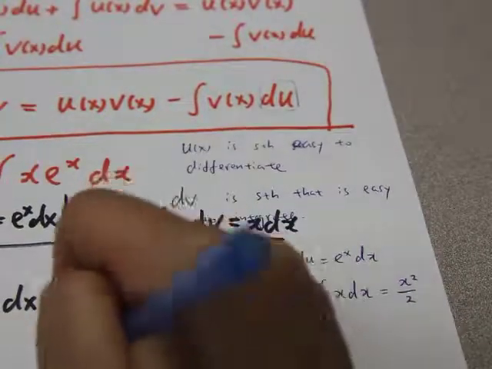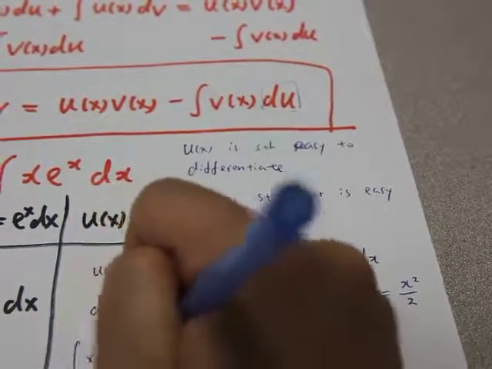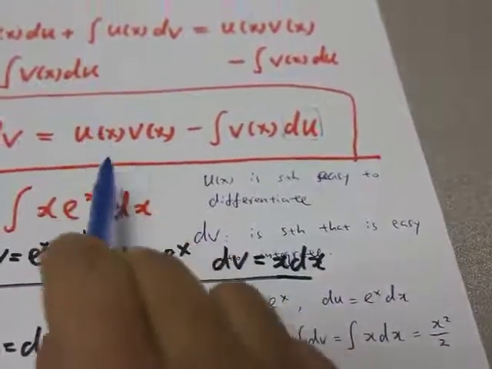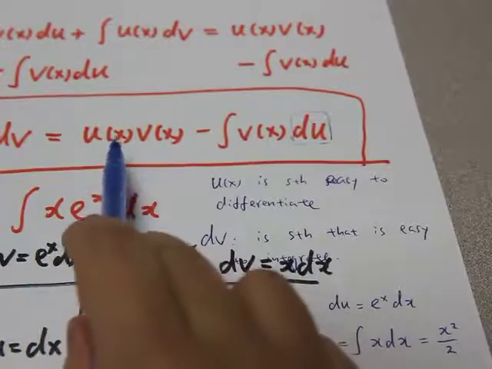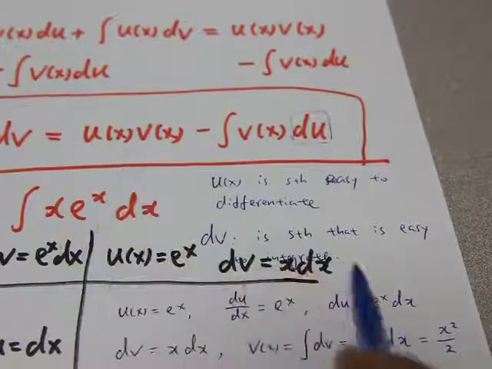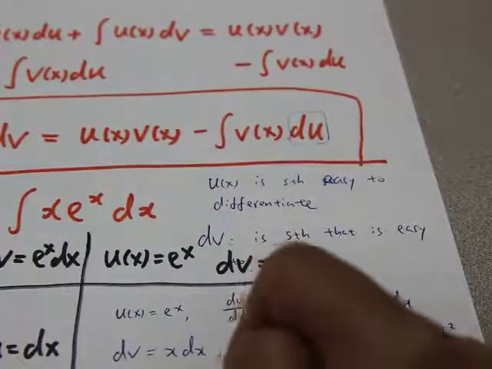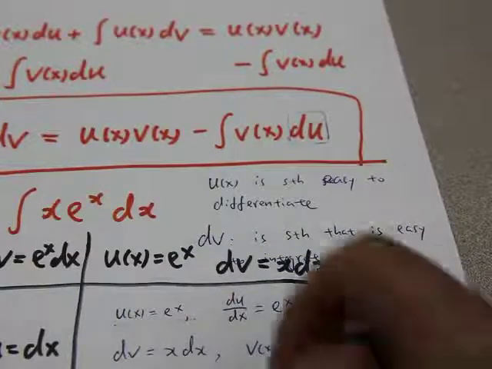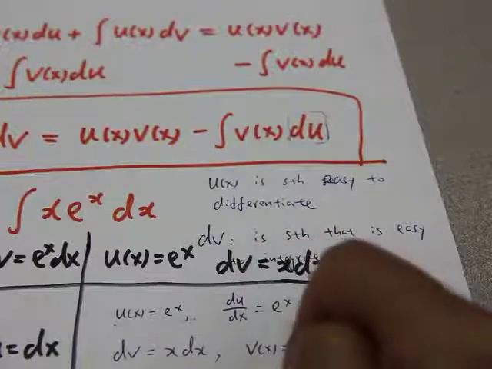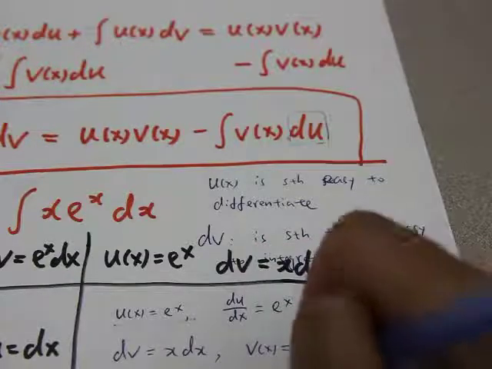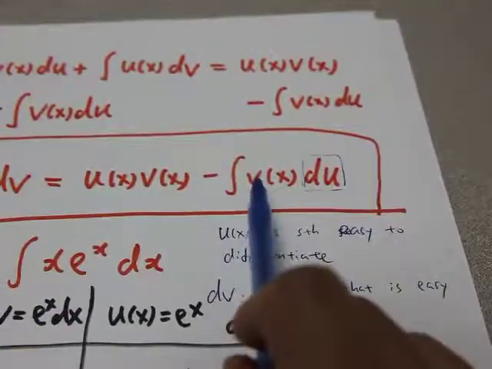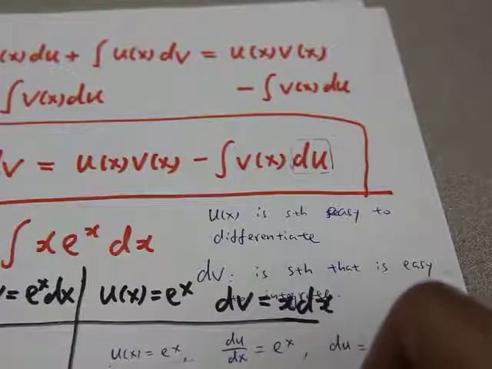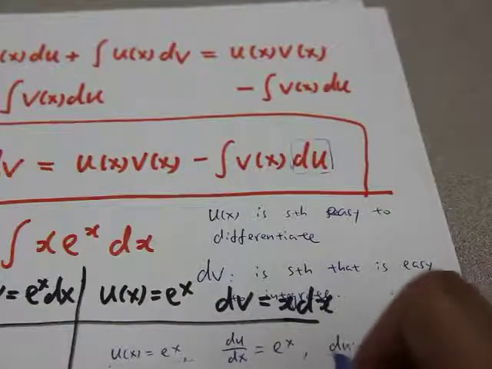So according to the formula, the first term is u(x) times v(x), which is e^x times x squared over 2, and minus the second term, which is the integral of v(x) times du, which is x squared over 2 times du.